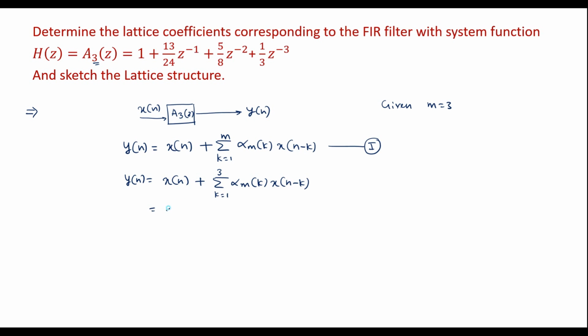Expanding this summation, I can write x(n) plus, for k equal to 1 and m equal to 3, alpha 3 of 1 x(n minus 1), plus, for k equal to 2, alpha 3 of 2 x(n minus 2), plus for k equal to 3, alpha 3 of 3 x(n minus 3). We'll call it equation 2. That is y(n).